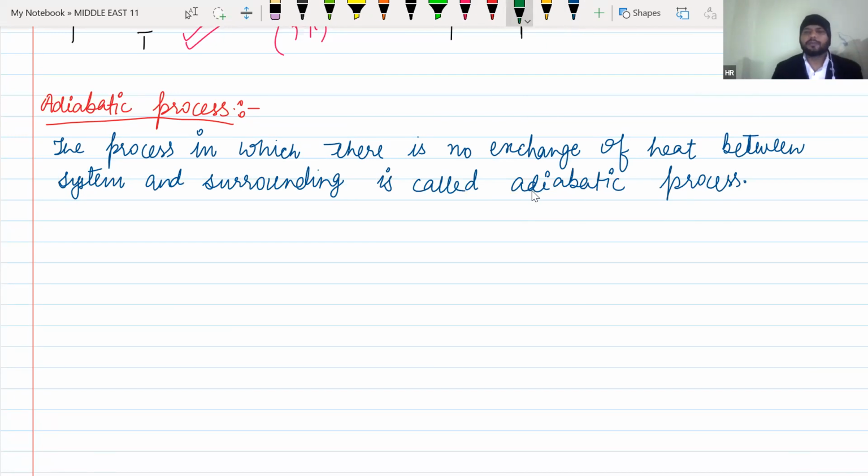There is no exchange of heat between system and surrounding is called adiabatic process.